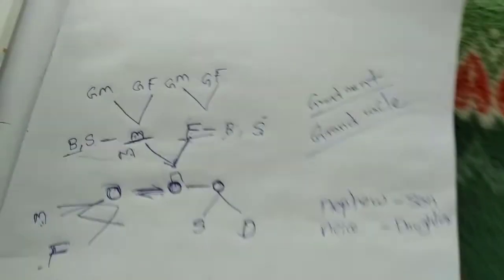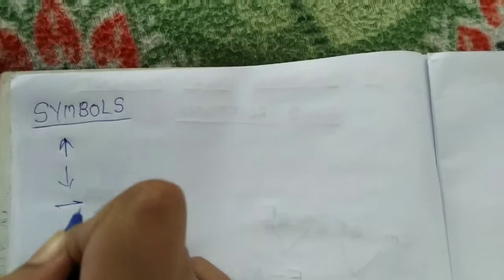Getting? Okay. Now before solving problems on blood relations, we have to remember some symbols, for an easy way to solve. Up arrow, down arrow, a hyphen symbol, and square, circle.